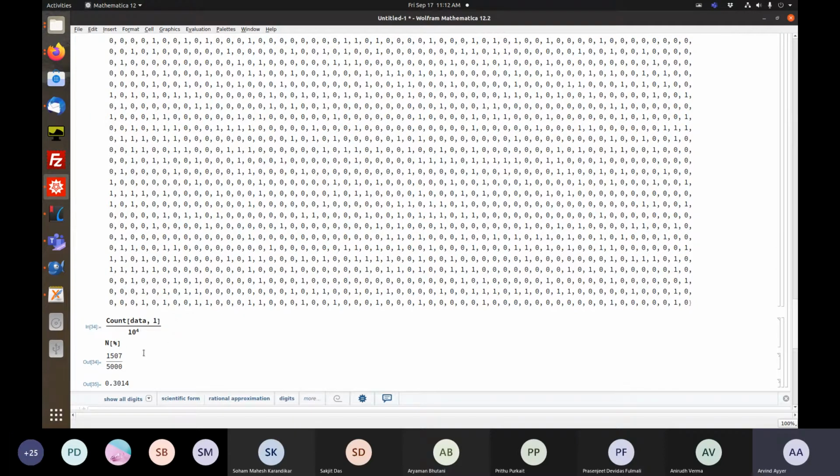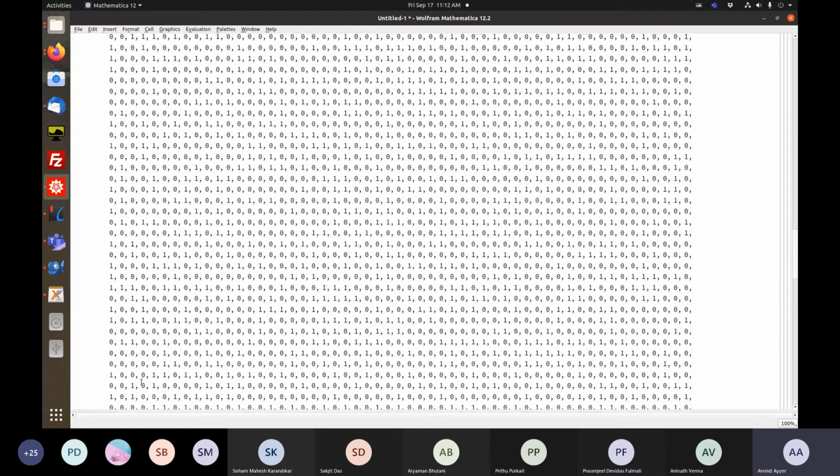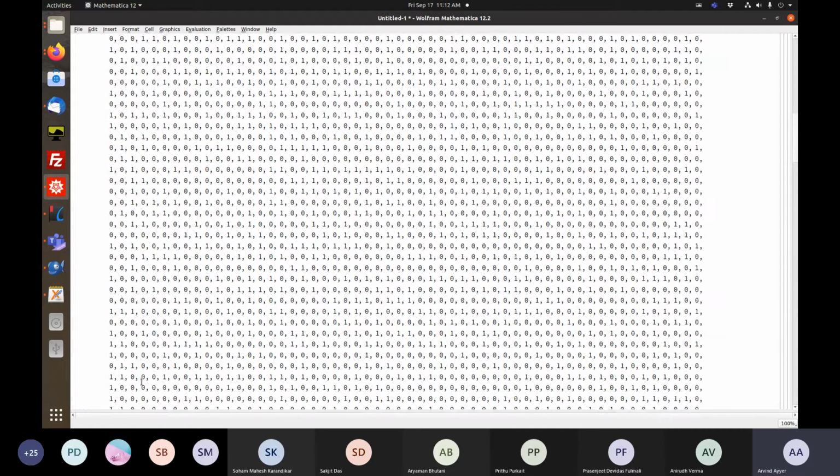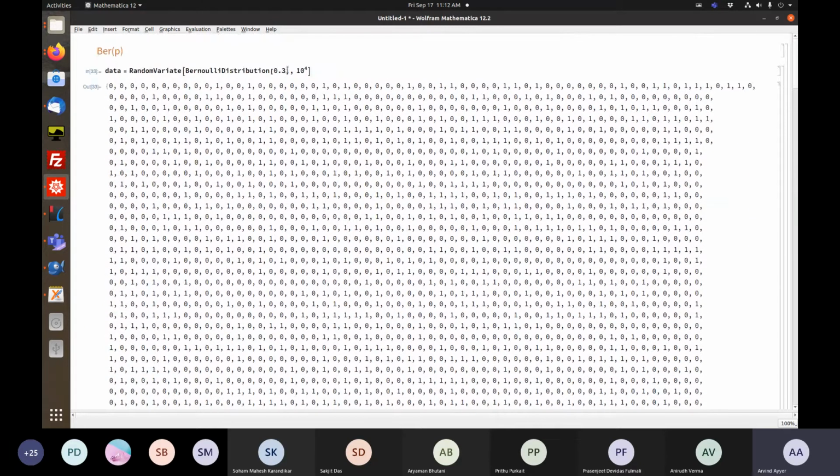I generated a fresh sample, and when you write it in decimals, you get 0.3014, and this is close enough to 0.3, the number that I started with.